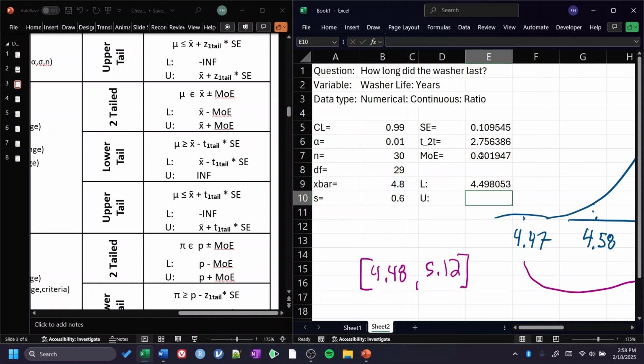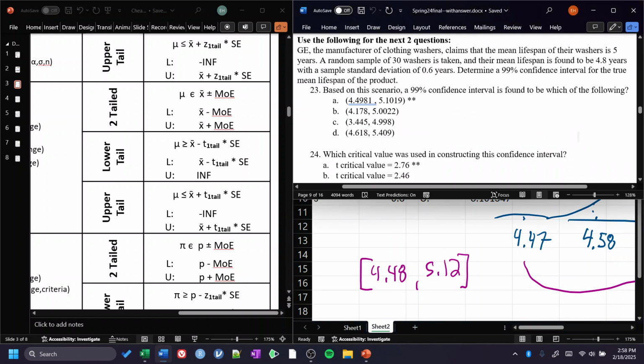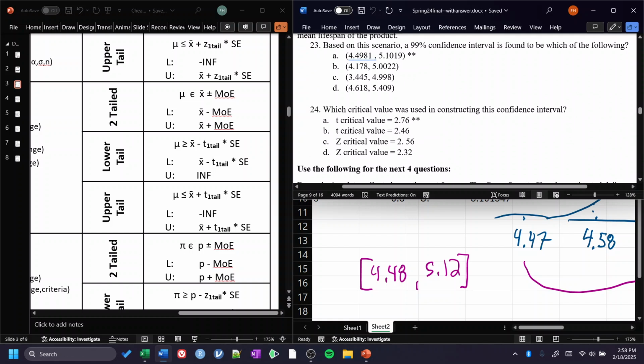And now the upper equals x bar plus the margin of error. So I was able to get really close to those answers just using my graphic. Those graphics are a great tool to help you internalize what those answers are going to be.